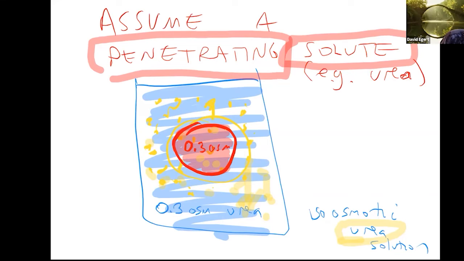So urea wants to come in, as did the glucose or the sodium chloride, but they couldn't because they couldn't cross the membrane. What happens though with urea, because it's penetrating, it wants to come in, and by Jove, it can. So the urea crosses the membrane and starts coming into the cell.